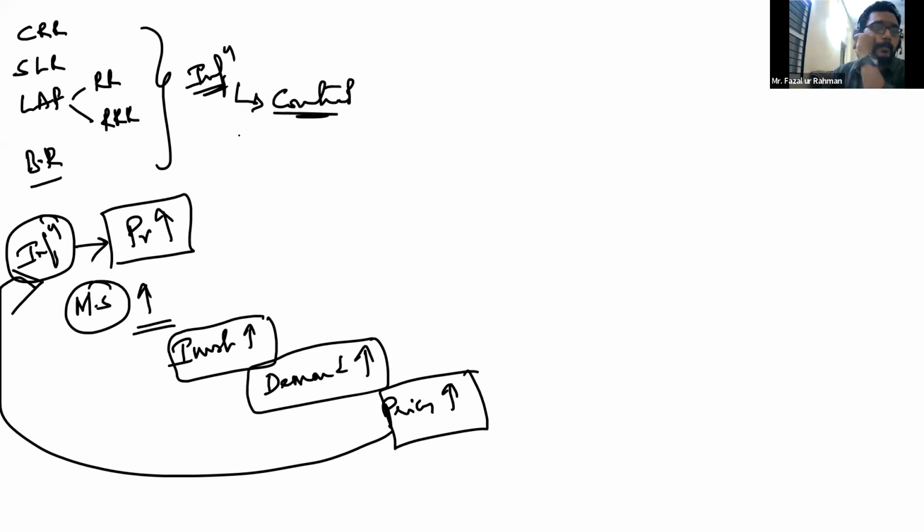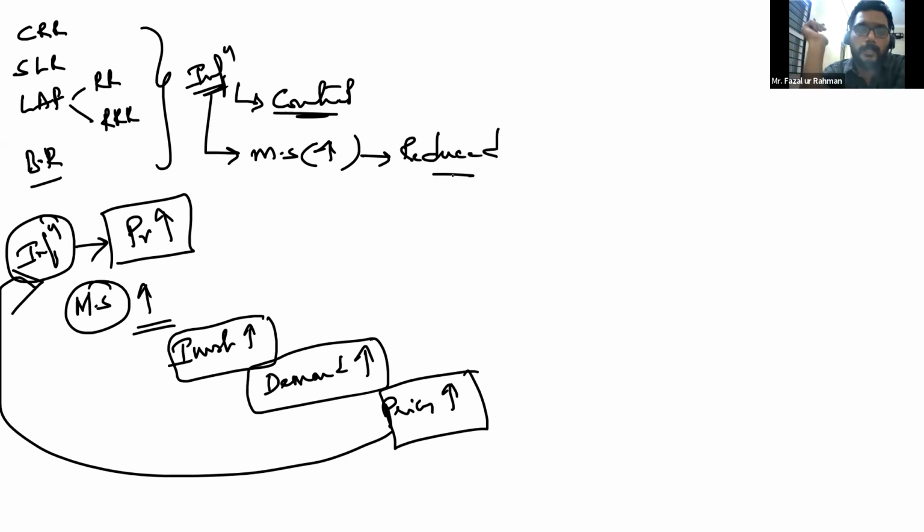By controlling the money supply, because that is what is making inflation in the market. During inflation, the money supply is already very high, so I have to target it so that the money supply is reduced.